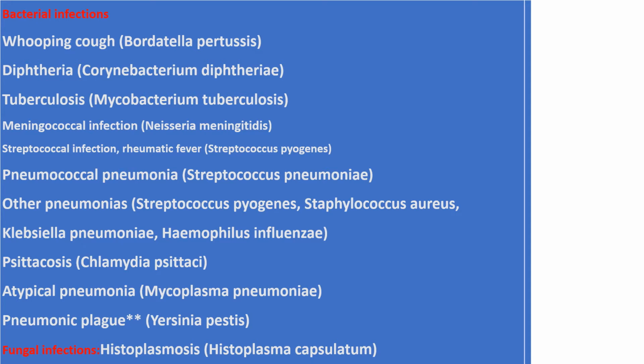Bacterial infections: whooping cough, diphtheria, tuberculosis, meningococcal infection due to Neisseria, streptococcal infections, pneumococcal pneumonia, other pneumonia, Klebsiella pneumonia, Haemophilus influenzae, psittacosis, Chlamydia psittaci, atypical pneumonia, mycoplasma pneumonia, pneumonic plague. Fungal infections: histoplasmosis.